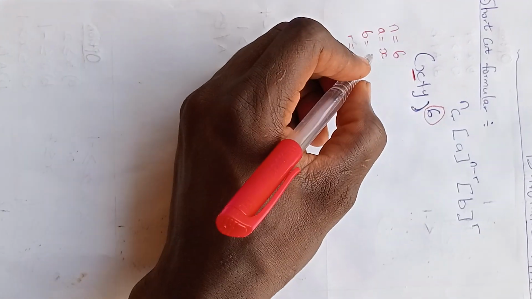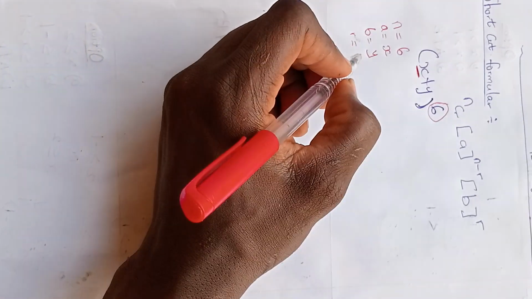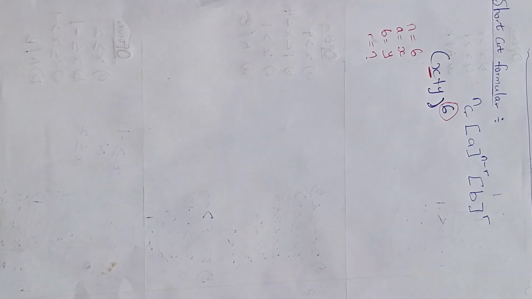Then b is the second one, that's y, while r is unknown. The r cannot be gotten from the nature of the question. That is why I can say categorically that r is the most important thing in binomial expansion. And how do you get r? I'm going to show you how you can get r in various scenarios.